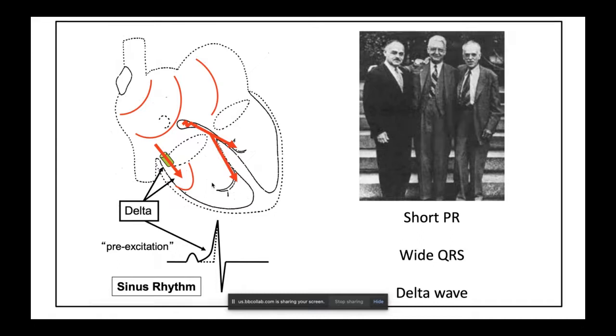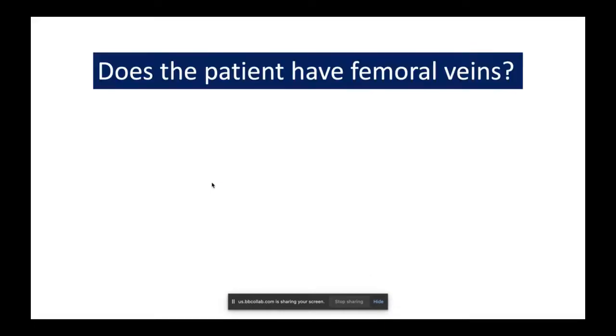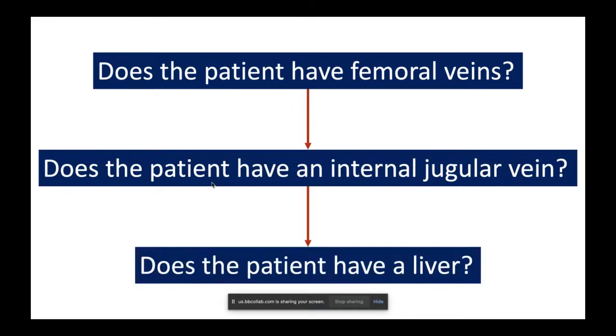Okay. All right. This is the class 1 recommendations from the guidelines for patients with WPW. I do not want you to remember this. When you see a patient with WPW, the questions you should be asking yourselves are, does the patient have femoral veins? If not, does the patient have an internal jugular vein? If not, does the patient have a liver?